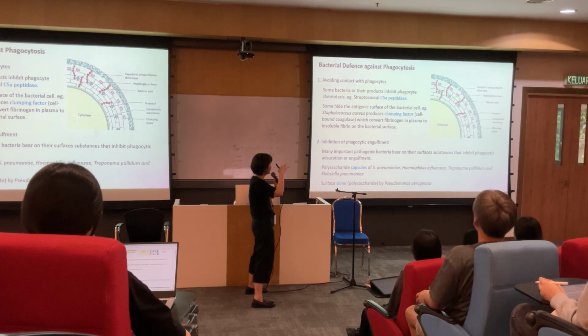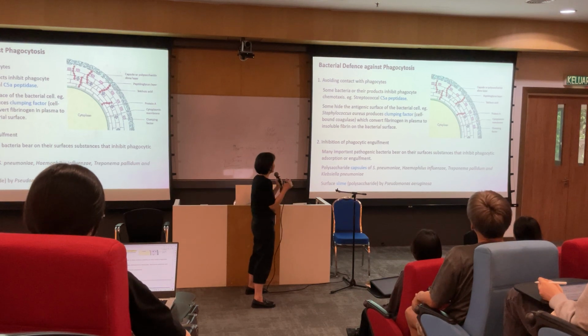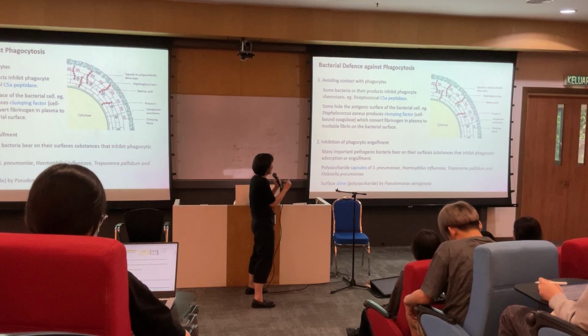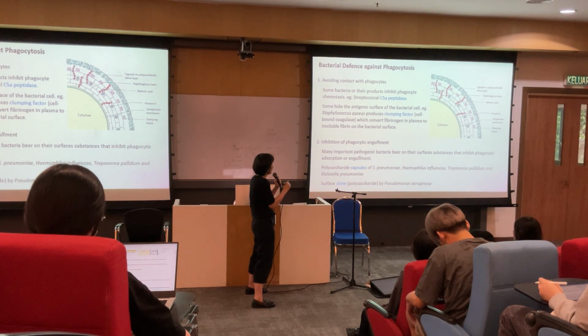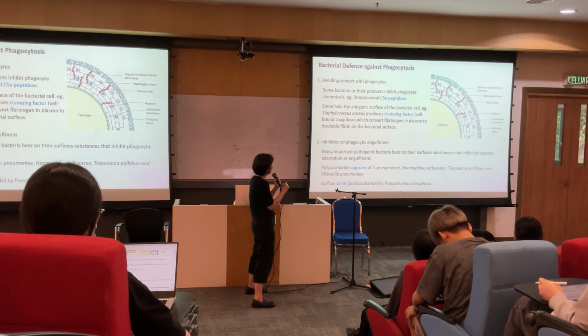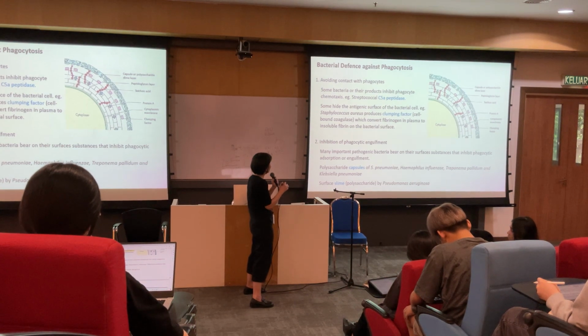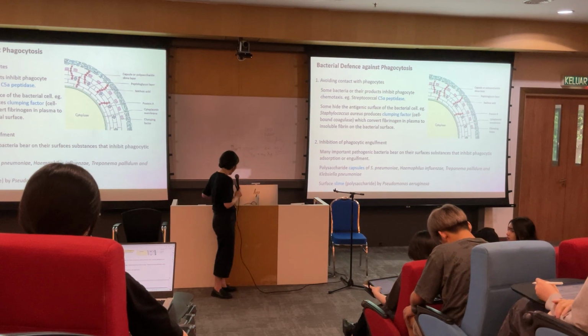Capsule is actually a secretion of polysaccharide outside the cells, and it becomes something that helps them avoid being adhered to by the phagocyte. So those are the bacteria that have capsules. And same thing with the slime layer. Pseudomonas also produces a slime layer on the surface. This slime layer and capsule help them avoid being engulfed by the phagocyte.